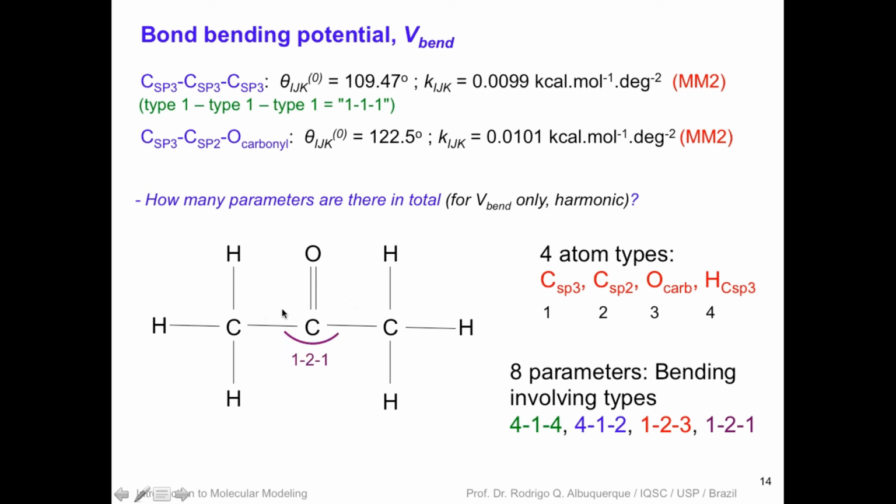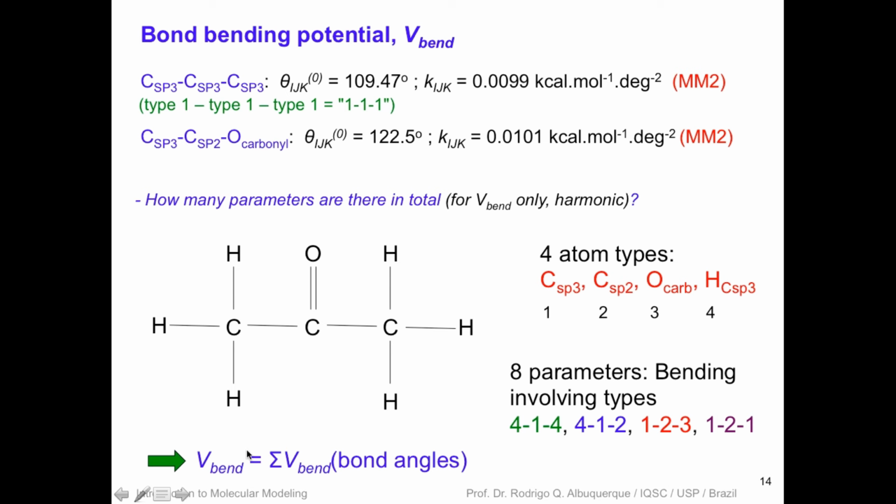And finally, this bend involving types 1, 2, 1, which is sp3 carbon, sp2 carbon, sp3 carbon. See here, for this bending of this angle, you would have 2 parameters too. So in total, you have 8 parameters. You have, of course, many variables here, because every bond angle could be different from each other in a certain point of a simulation.